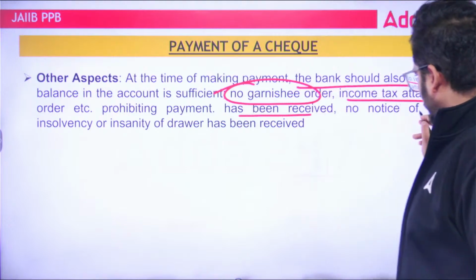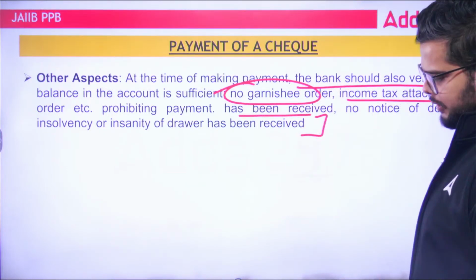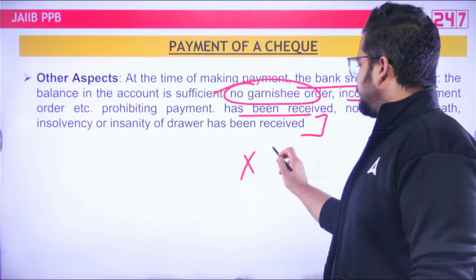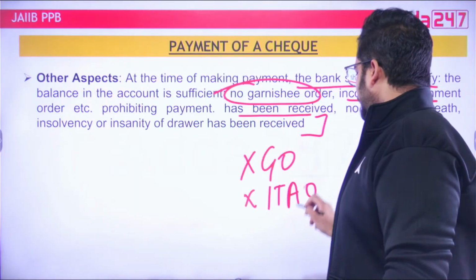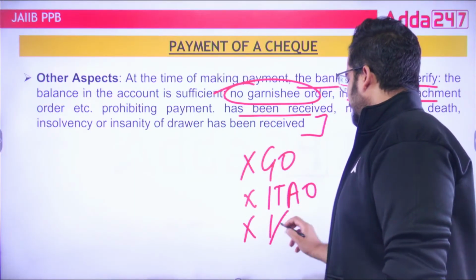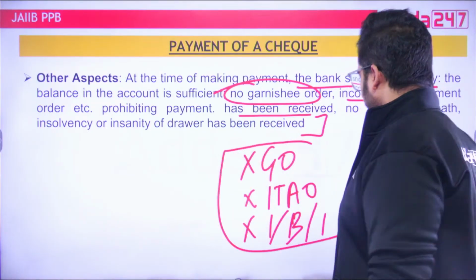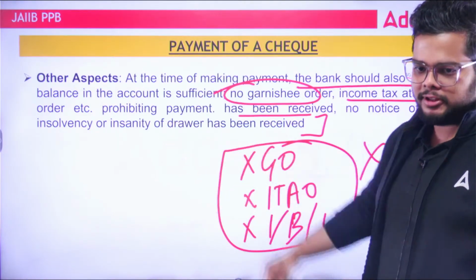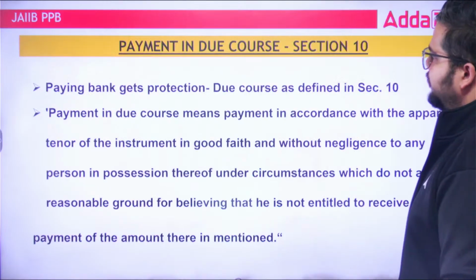No notice of death, insolvency or insanity of the drawer has been received. So all those important points: no garnishee order, no income tax attachment order, no insolvency, bankruptcy or insanity against the particular drawer, and you must check that the balance is sufficient. Simple things again while payment of a check is being done.